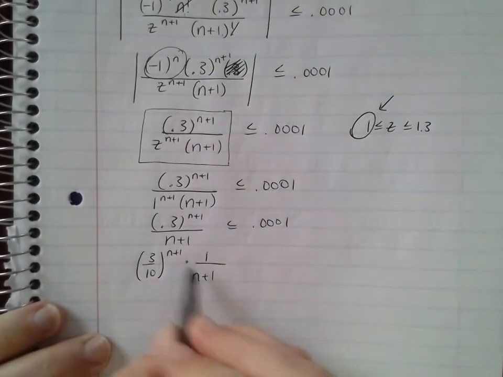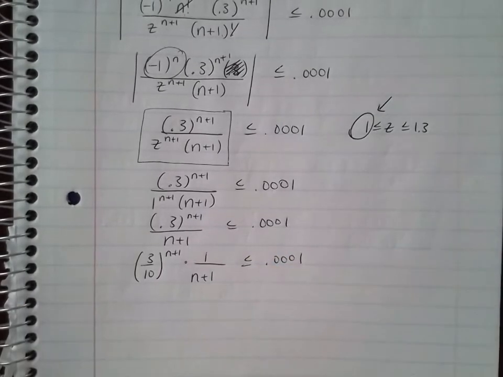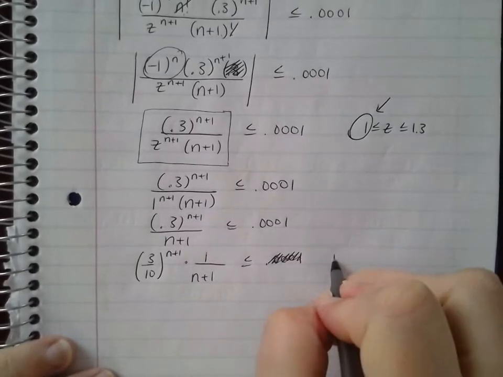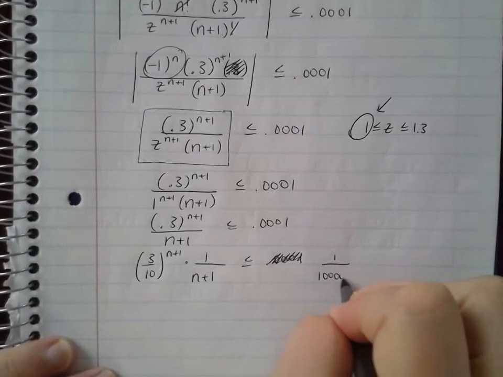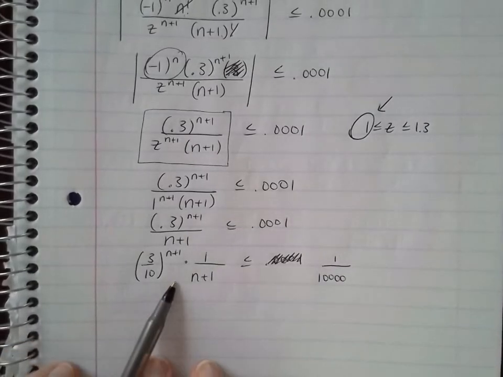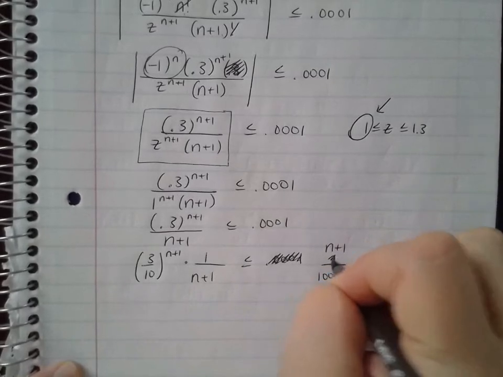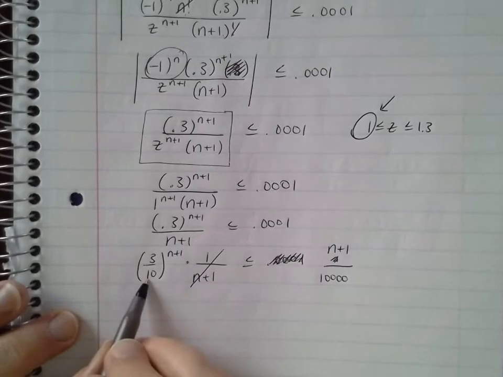And I'm splitting it off from the denominator. The reason I'm doing that is because, and by the way, I'm going to change this to 1 over 10,000. Because if I multiply by n plus 1 on both sides, then I can flip this.